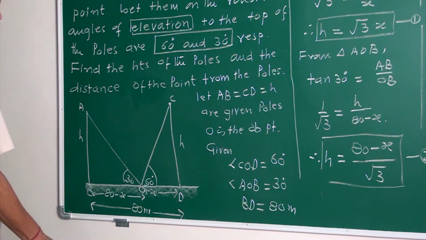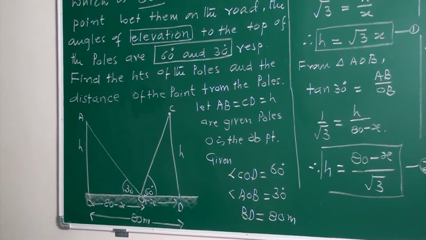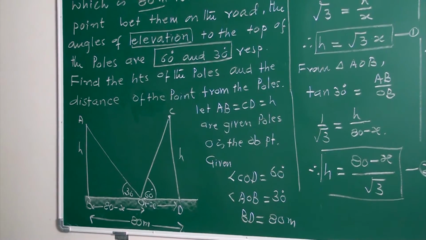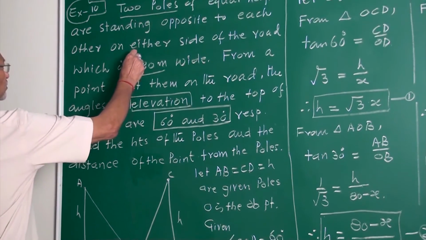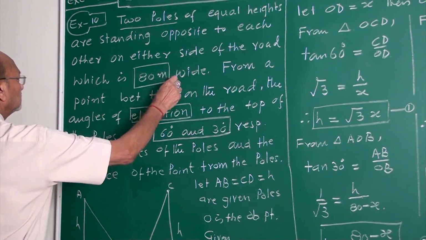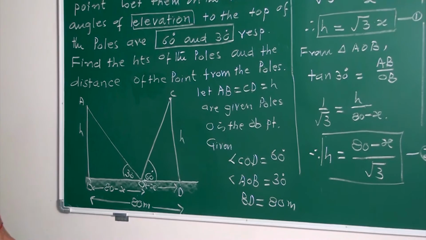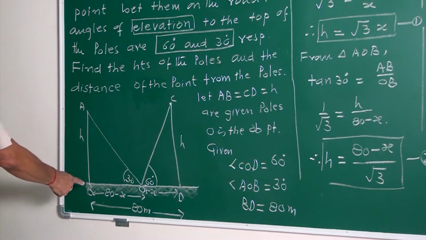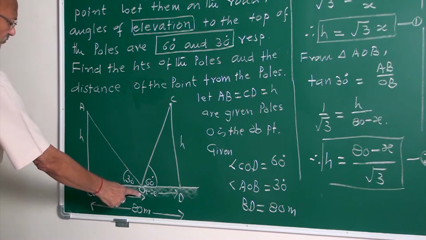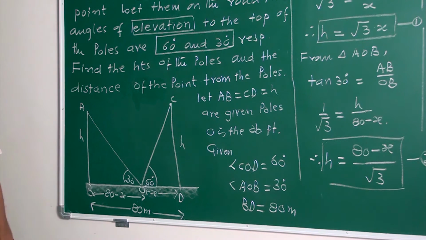Then the width of the road is given, which is 80 meters. You want to find first the height of the poles, then the distances of these two poles from the observing point, OD and OB.